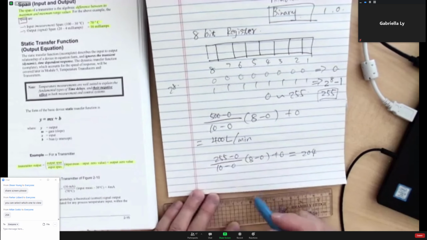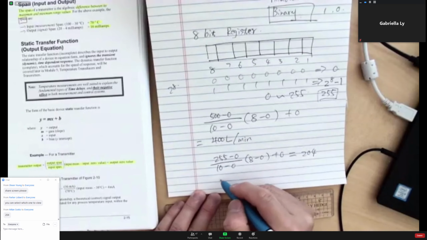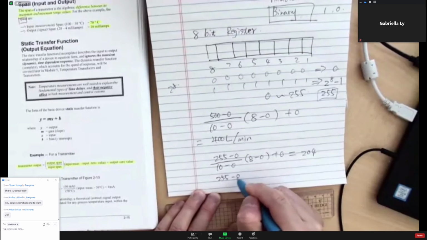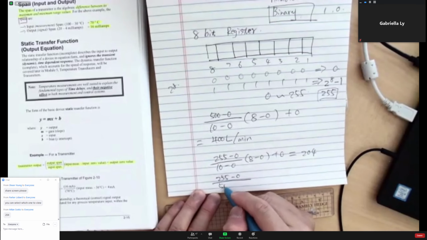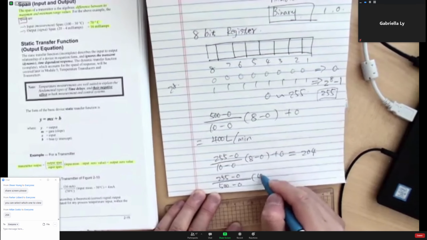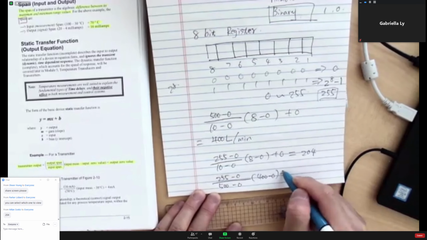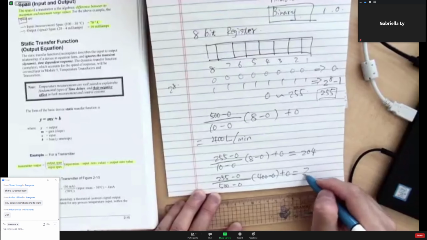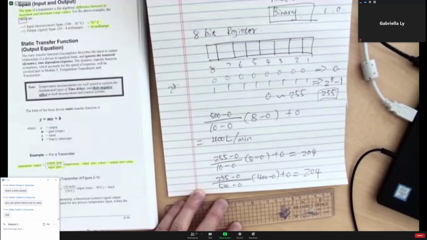Or you can use the 400 liters: 255 subtract 0 over 500 subtract 0, times 400 subtract 0 plus 0. You also get 204.